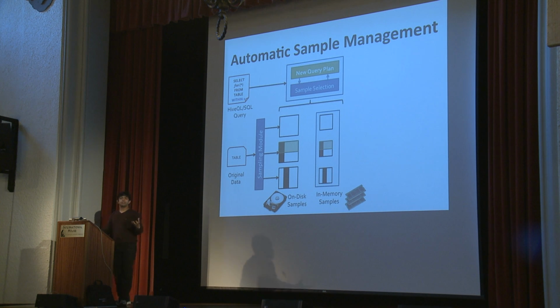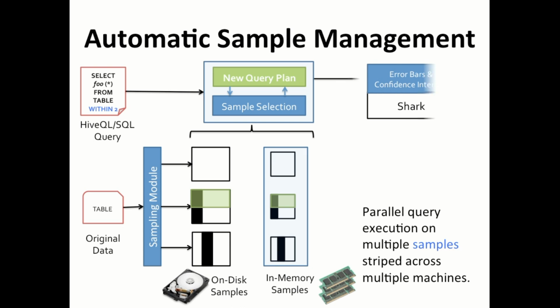And finally, based on this, we would like to create a new query plan under the hood, and then return the corresponding answer as before by executing it on the Shark and Spark infrastructure, and return an approximate answer with an error bar.